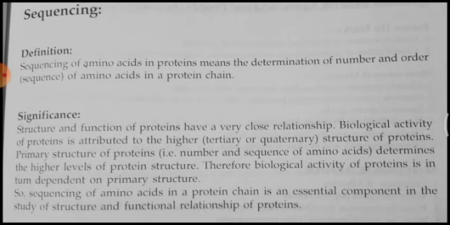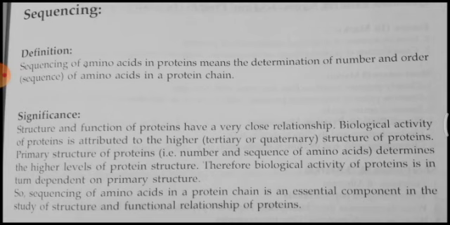Biological activity of a protein is attributed to the higher structure of the protein, that is tertiary and quaternary structure, which we have already discussed. Primary structure of a protein is all about the number and sequence of amino acids. It determines the higher levels of protein structure. Once you know the primary structure, we can easily identify the secondary and tertiary structures. Therefore, the biological activity of a protein is in turn dependent on primary structure.